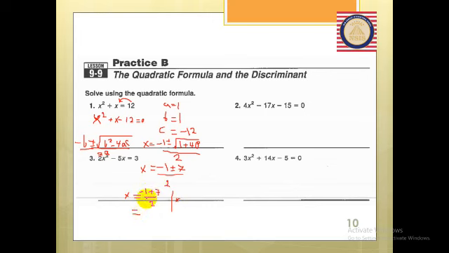Negative 1 plus 7 is 6, and 6 over 2 is 3. And here, negative 1 minus 7 over 2. Negative 1 minus 7 is negative 8, and negative 8 over 2 is negative 4.